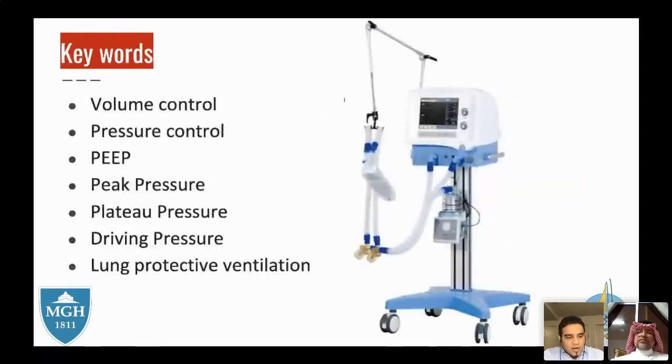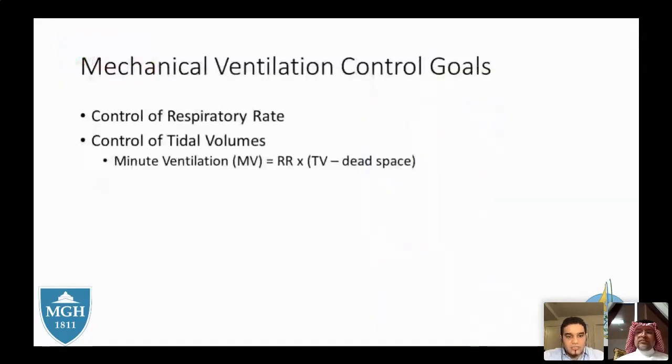All right. So by the end of this presentation, hopefully you will be able to understand the following concepts. With mechanical ventilation, we usually seek control of several key parameters.